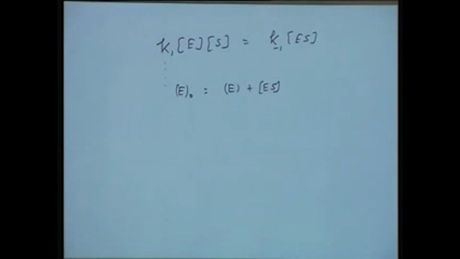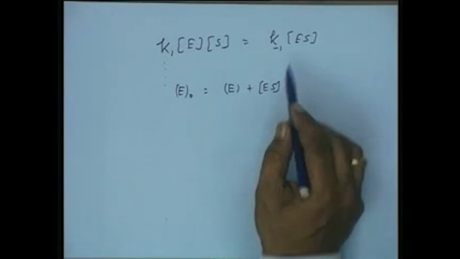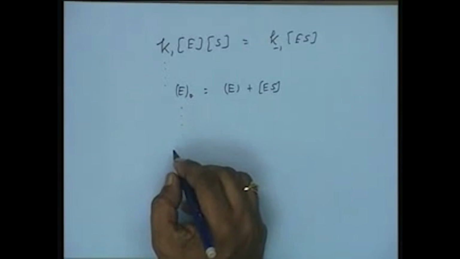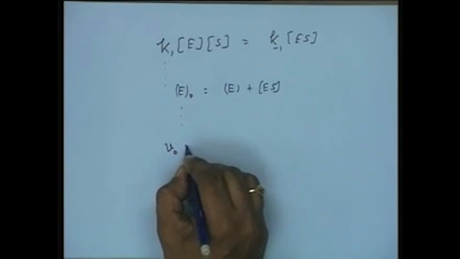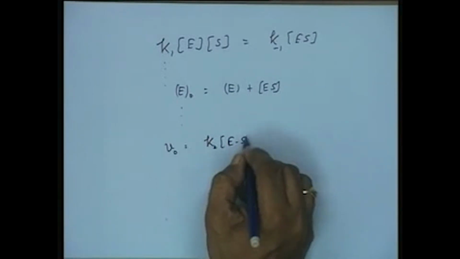The total enzyme concentration at equilibrium is distributed between enzyme substrate complex and free enzyme, and substituting the value of ES from your equilibrium analysis, you can come down to an initial reaction rate V0 equal to K2 into concentration of ES.